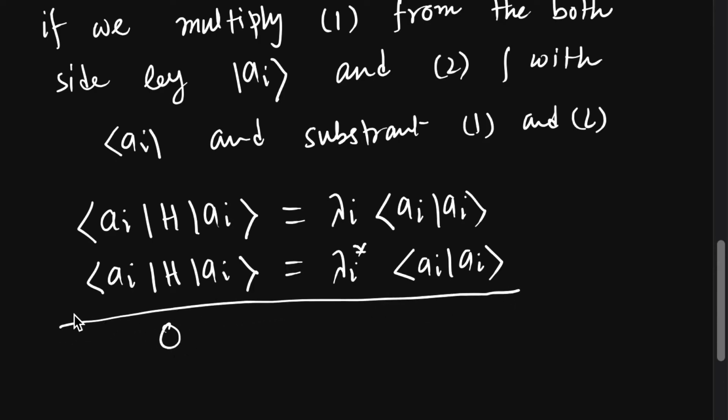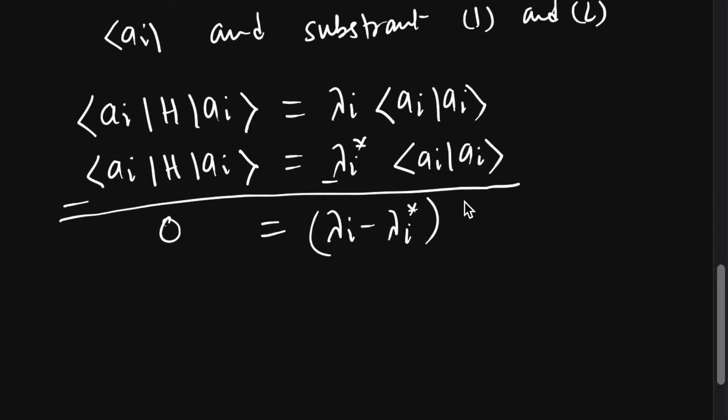That means 0 equal to lambda i minus lambda star into <ai|ai>.